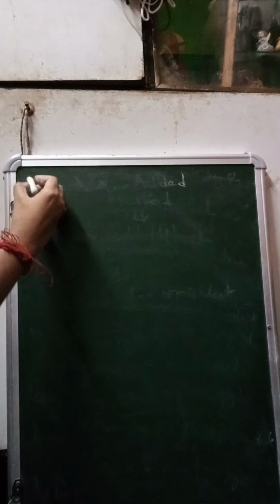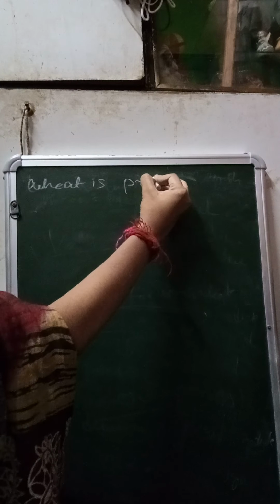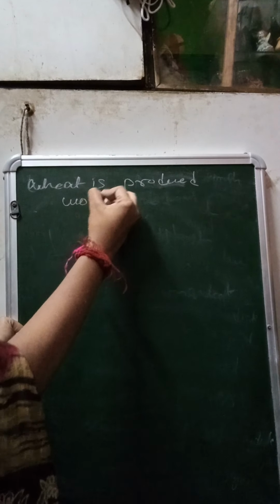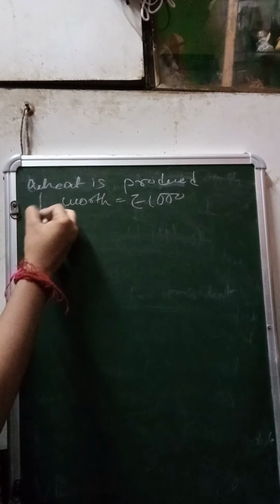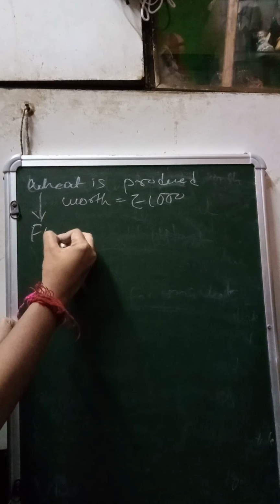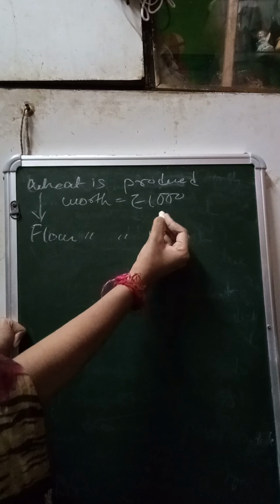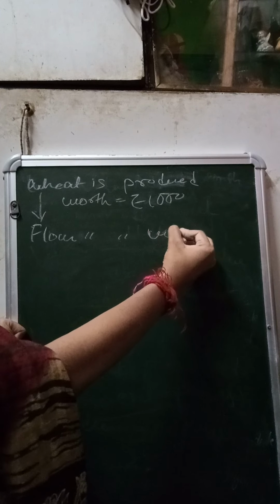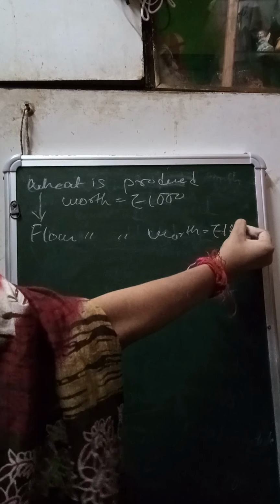Now let's take an example, then it will make your concepts clearer. Suppose wheat is produced worth rupees 1000. Then this wheat is converted into flour, and flour is produced worth suppose rupees 1500.